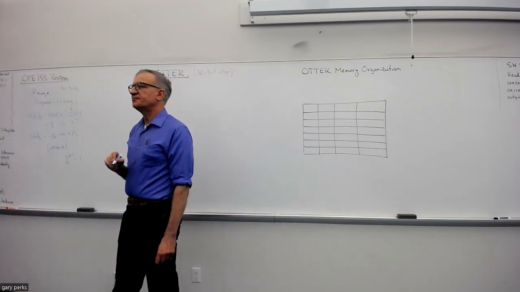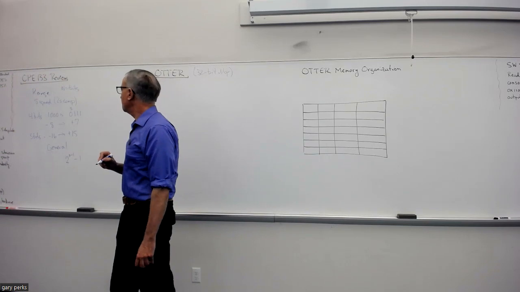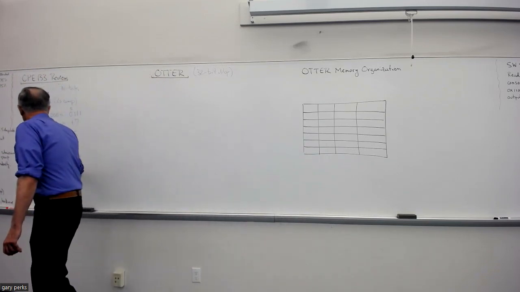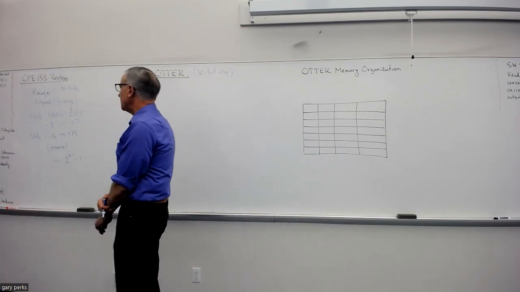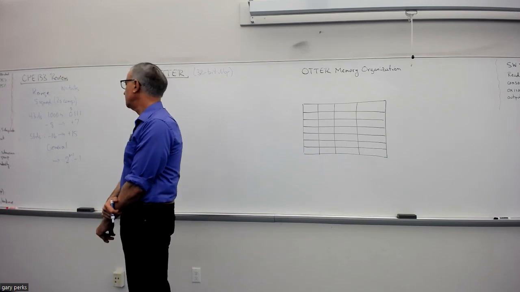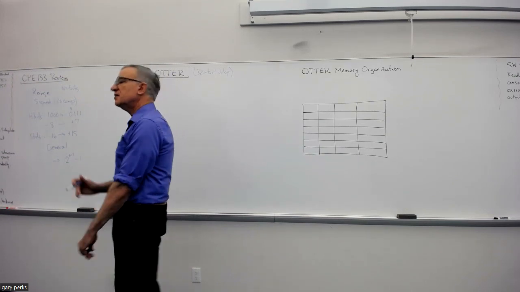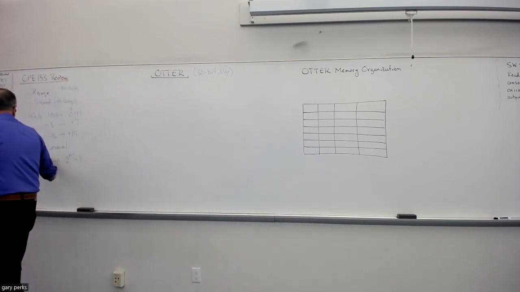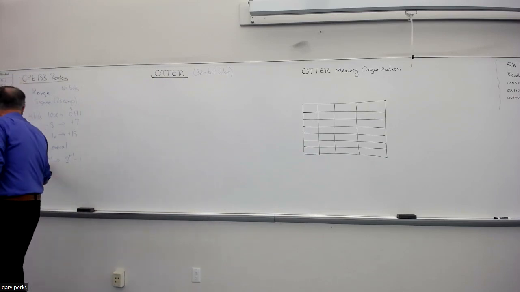Did I do that right? Yes, for the positive. Then what would be the simplest way to do the negative one? It would just be 2 to the n minus 1, and put a negative in front.